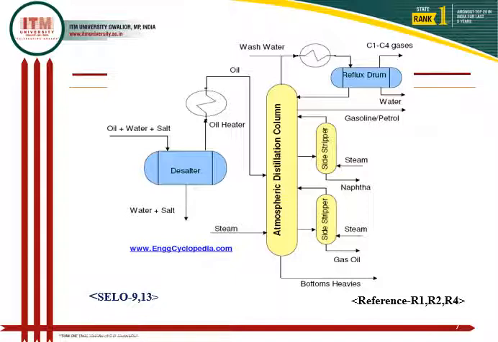After the dehydration and desalting, the crude oil is preheated up to 385 to 400 degrees centigrade, because under this heating the lighter fractions, or the low boiling fractions, usually vaporize, and the atmospheric pressure is to be maintained. This crude oil is passed to the distillation column where a number of perforated trays are there.